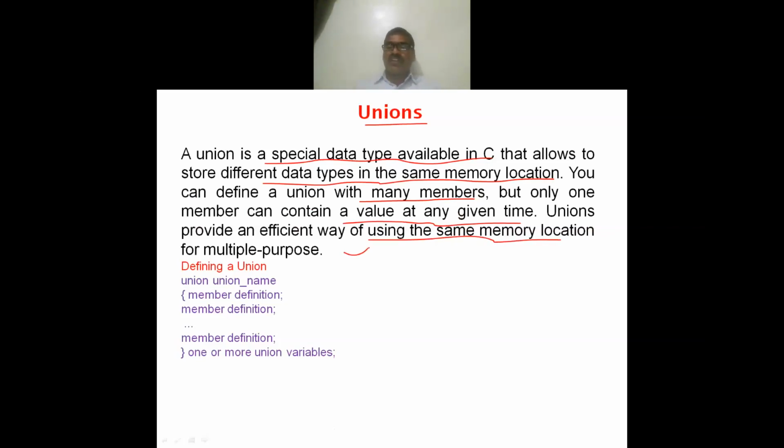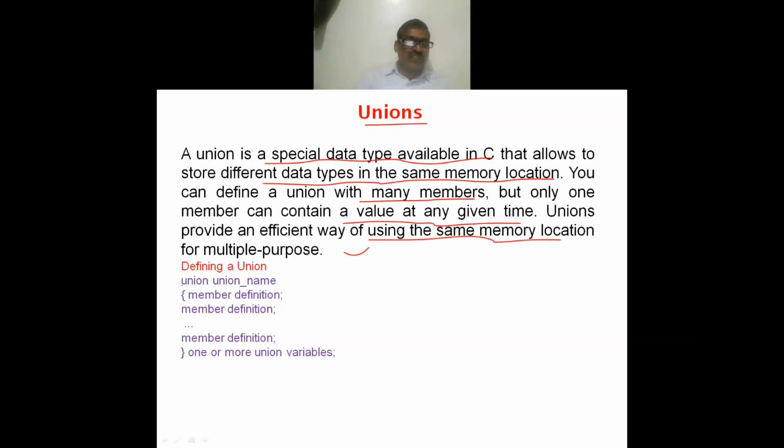In the structure, the memory is allocated separately for every member of the structure variable, as we already saw. But in unions, the member which takes the highest memory is the amount of memory allocated for the union variable, and the remaining members share that particular memory allocated for the union.